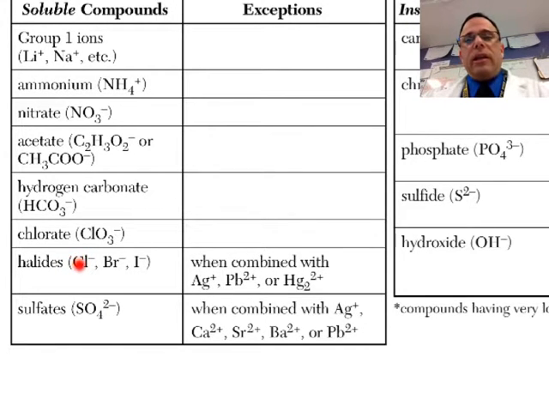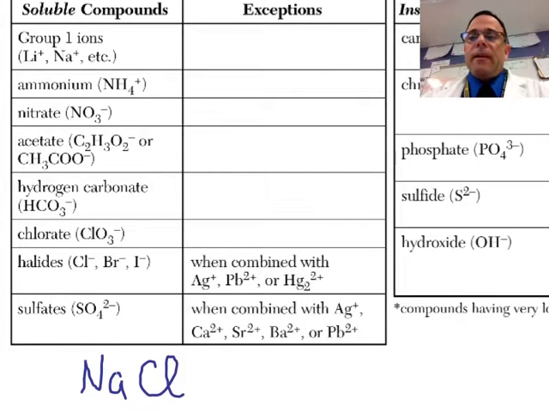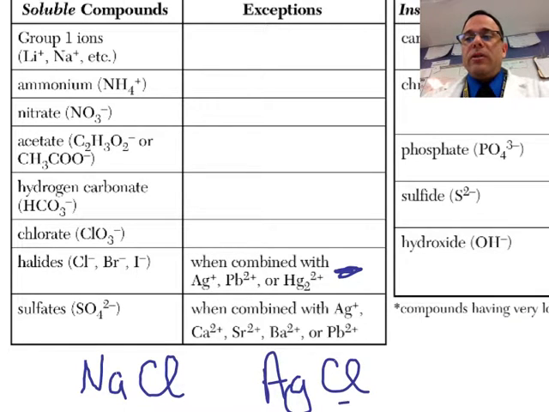If you notice chlorine in the formula, the substance will be soluble unless the other part of the formula has silver, lead, or mercury. So a good example of one that is soluble would be NaCl. Notice that it does not hit any of the exceptions. It is soluble in water. But AgCl, although it does have chlorine in it, because of this exception right here, it is insoluble and typically would be seen as a solid.